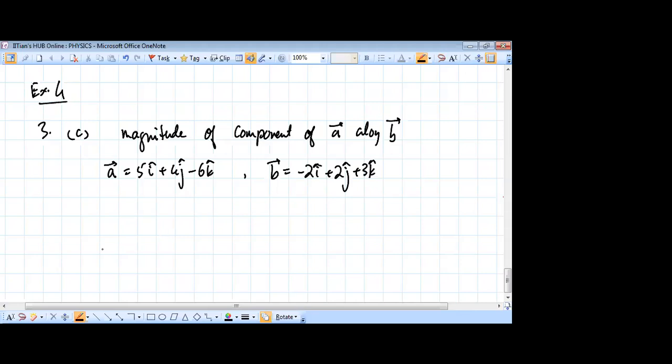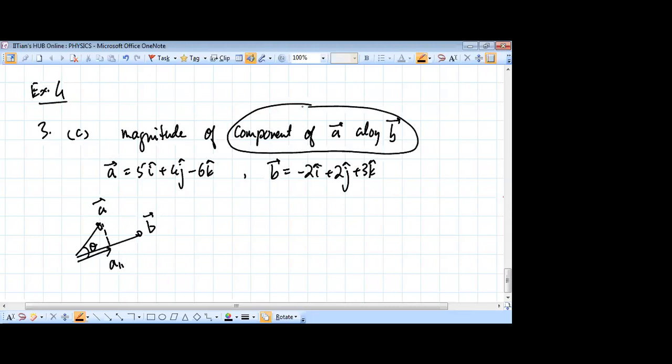So this is that kind of situation that suppose this is the vector A and this is the vector B. We have to find this thing as a magnitude. So basically, we have to find the component of A along B. So that is A parallel. It is nothing but A cos theta. So by definition, it is A dot B divided by mod B.